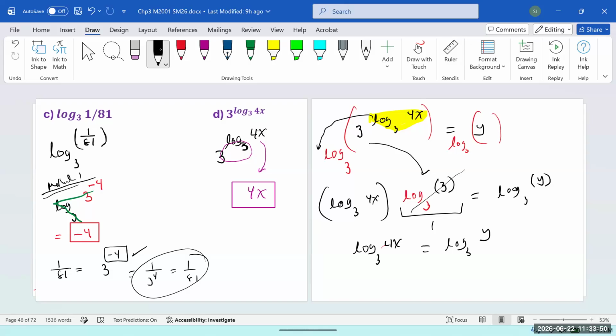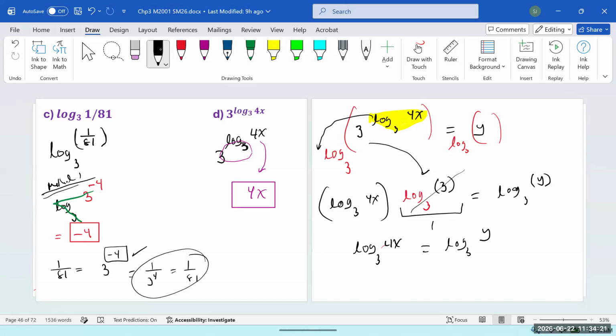When you apply log to both sides, this 3 is now the argument, and that thing is the power of 3. And the power rule says anytime log has a power, it has to come down as a coefficient. So this base 3 turns into the argument 3, and the power comes down in front. Now we are left with log 3, which we applied, of the base 3 from before, which is now the argument.